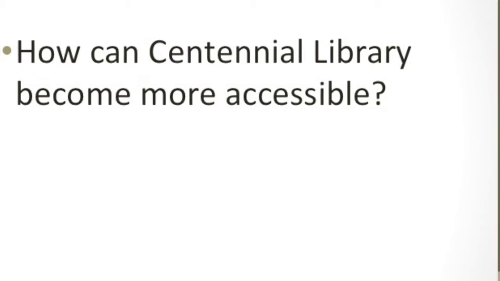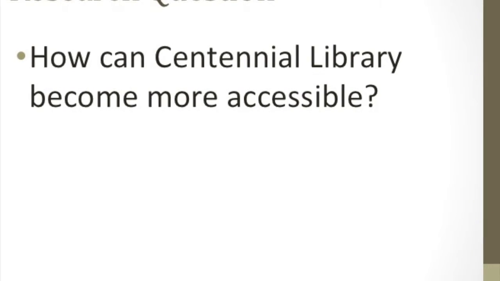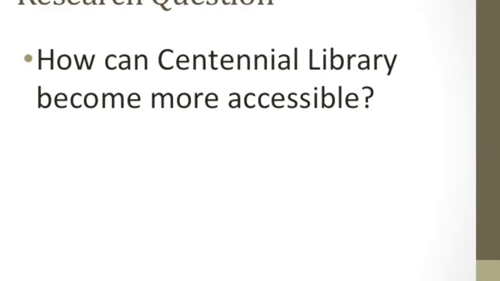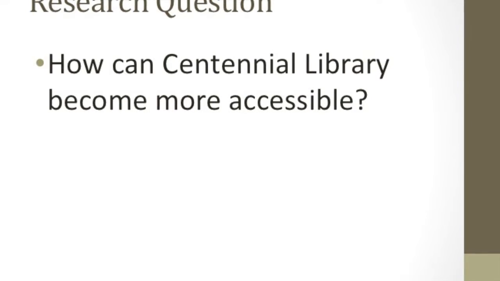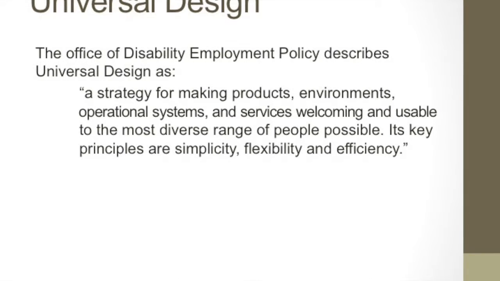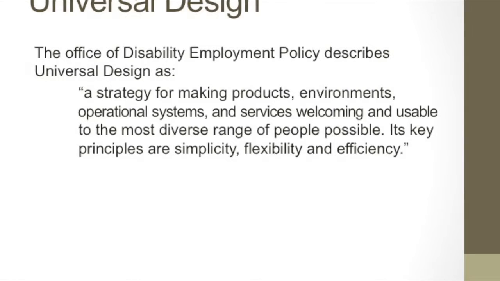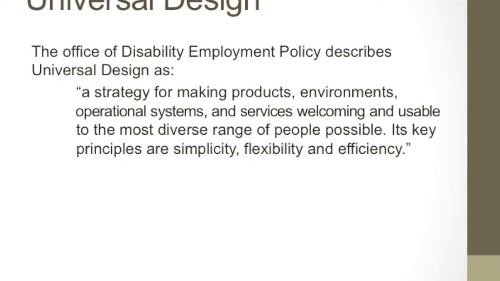Centennial Library isn't one of the most accessible libraries on campus, so in this report, my research question was, how can Centennial Library become more accessible to the widest range of students? Universal design is a way to make accommodations for everyone so the greatest amount of people can access it.